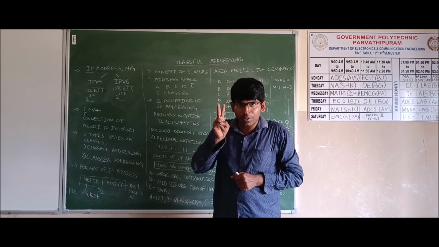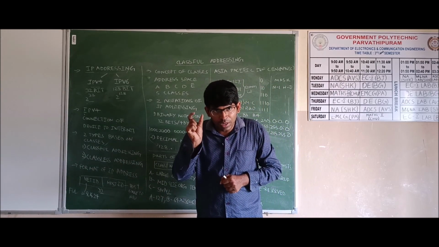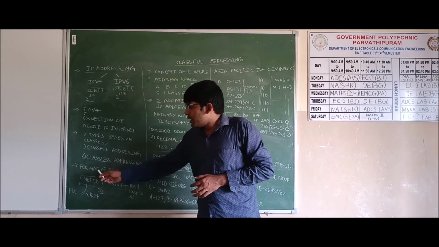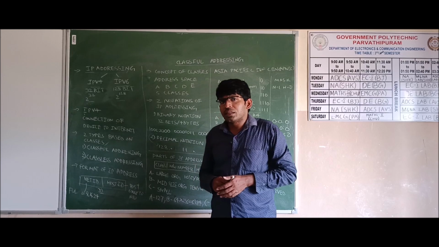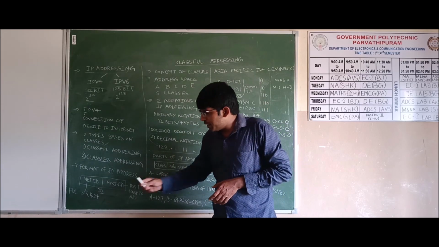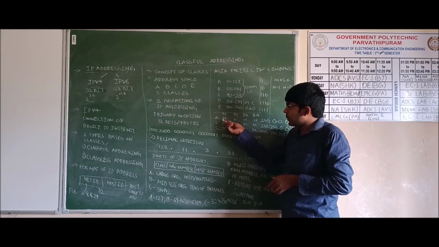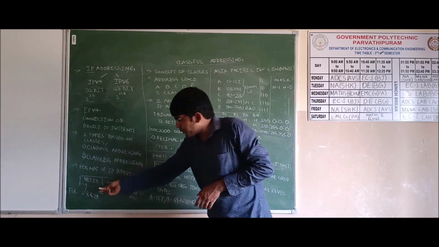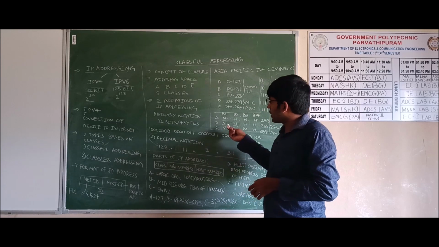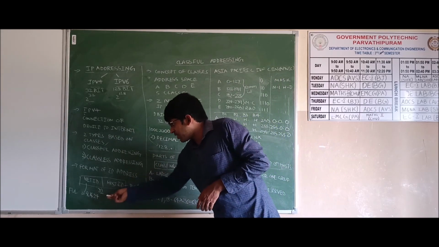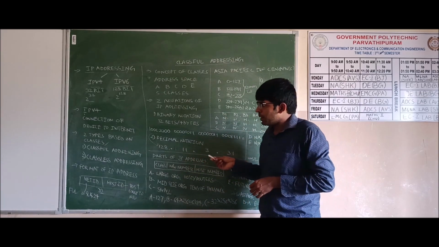These two parts will be there, network ID and host ID. In some of the classes, the network ID bits may be 8, 16 or 24. In class A, network ID bits are 8. In class B, network ID bits are 16. In class C, network ID bits are 24.